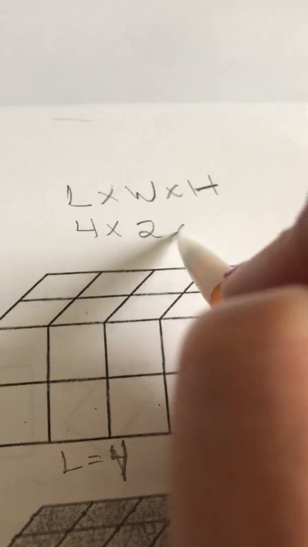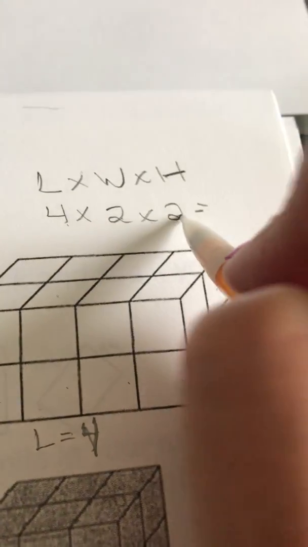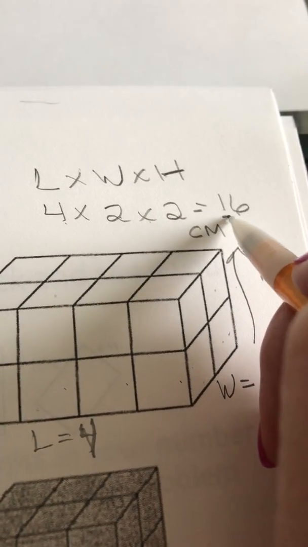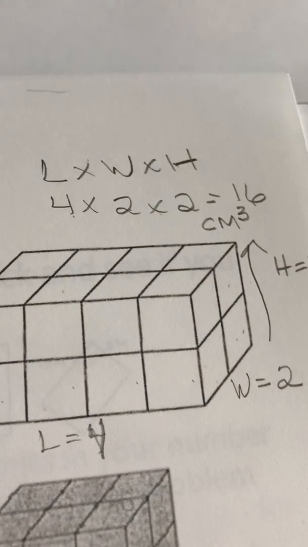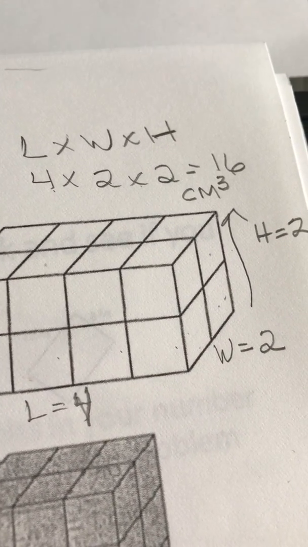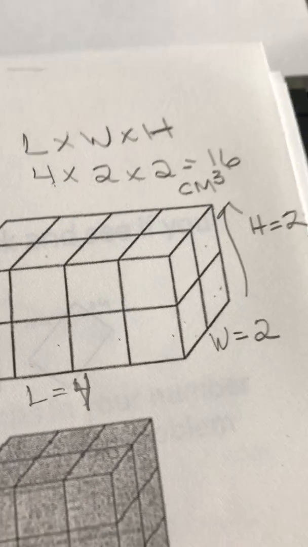So we've got 4 times 2 times 2 equals 8 times 2 is 16 centimeters cubed. You can write it like that also. Okay. A lot easier, right, boys and girls? I think so. All right, let's look at this one.